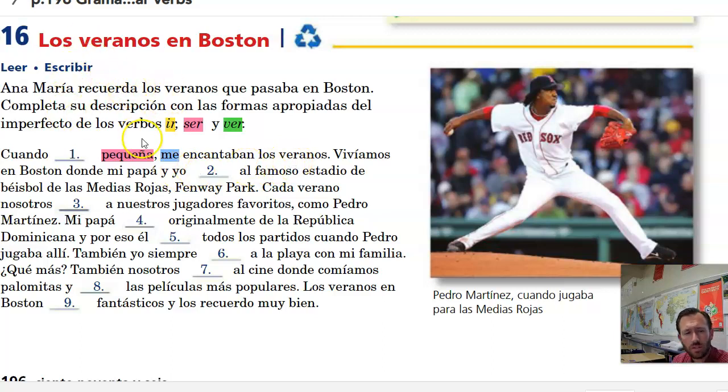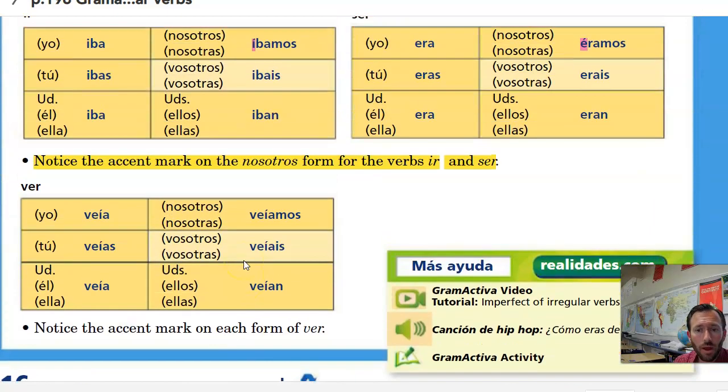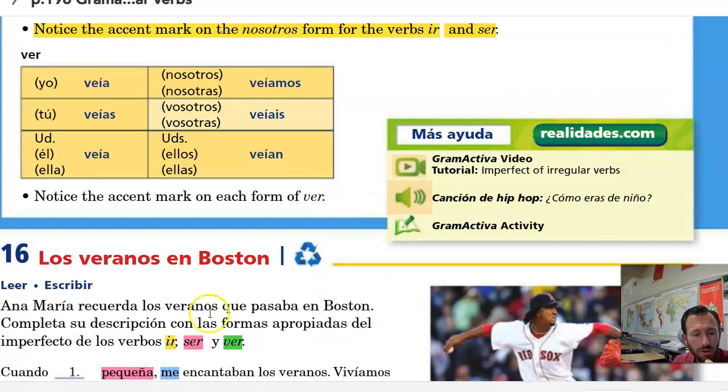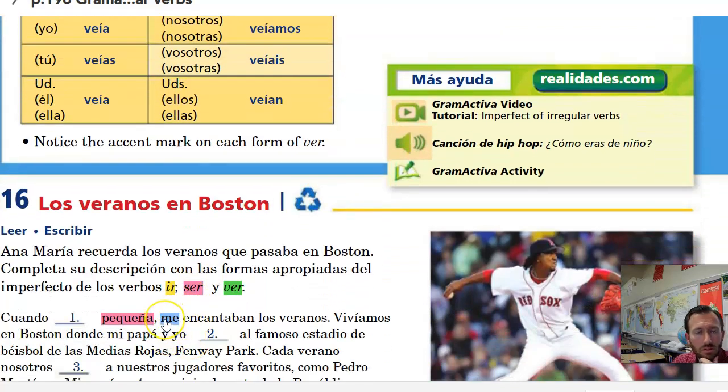So she's recalling this in the first person, right? The yo form. And the yo form of ser, if you go back up to your notes, is era. Era in the yo form, and we know that because of the expression me encantaban, like me gusta is I like, right? Yo form. And then we know the verb ser because of the descriptive adjective pequeña.